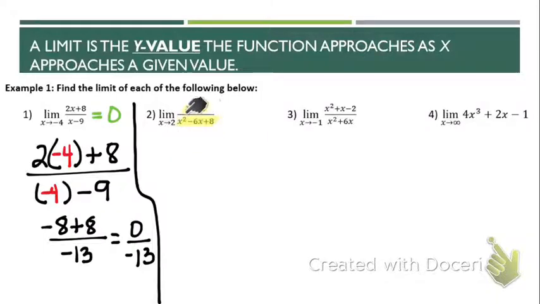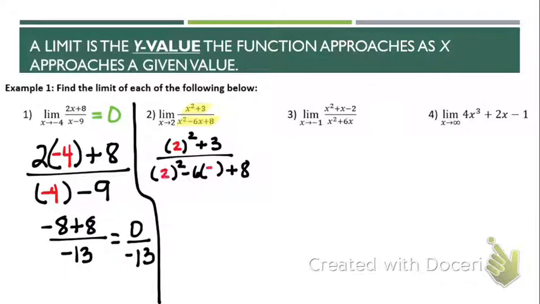So go ahead and substitute a 2 in. So we have x squared plus 3 over x squared minus 6x plus 8, and we're going to put in a 2. Take a second, simplify that down to see what you get.